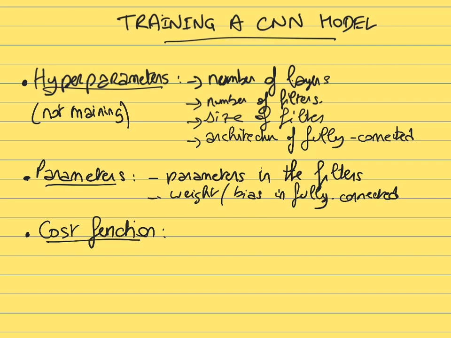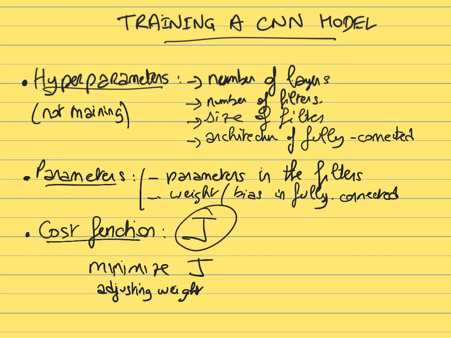So you will have your cost function J, and the goal will be to minimize J by adjusting the different weights. You will adjust all the parameters so as to minimize the error of your model, to minimize J.